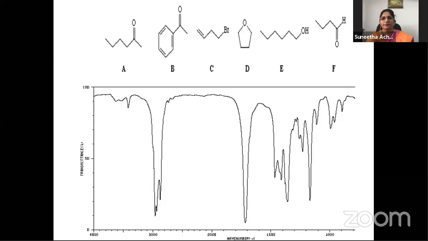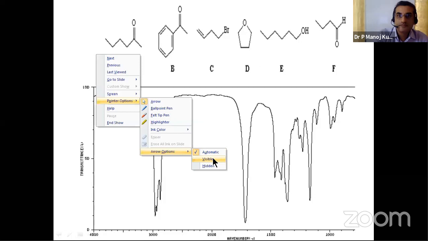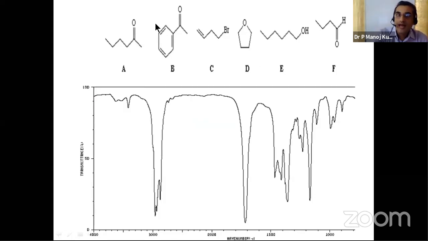Okay. So let me take up the B first. All those who have responded, you can listen to me now. If you take B, what is it that you can see? Aliphatic and aromatic portion. It has to be having an aliphatic and aromatic CH stretching in the spectrum. You closely analyze the spectrum. If it is aromatic, you should be getting a peak above 3000.